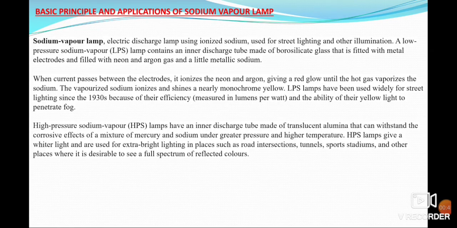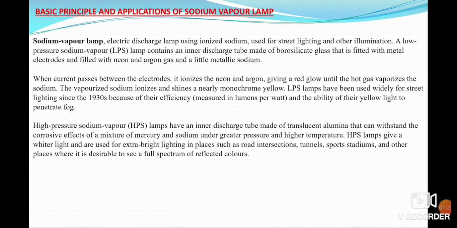So let us get started with the basic principle and application of sodium vapor lamp. Sodium vapor lamp is basically an electric discharge lamp using ionized sodium that is used for street lighting and other illumination. A low-pressure sodium vapor lamp contains an inner discharge tube made of borosilicate glass that is fitted with metal electrodes and filled with neon and argon gas and a little metallic sodium.